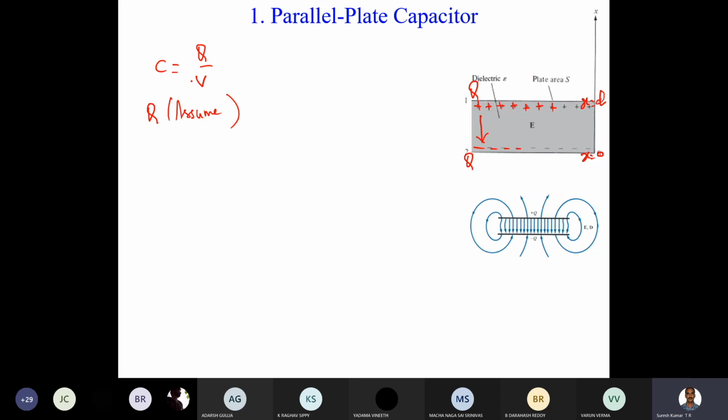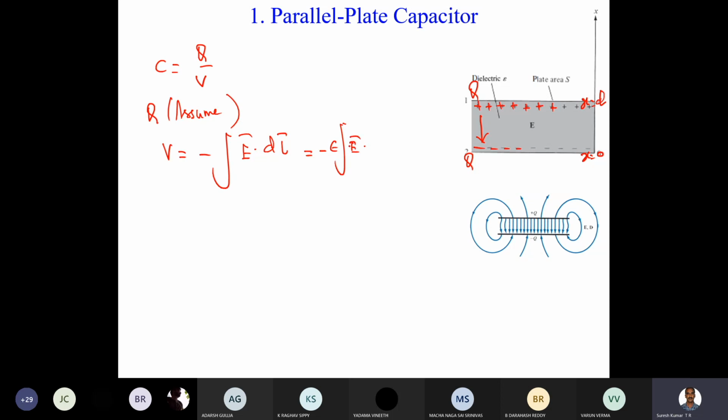Now you need to calculate the potential. To calculate potential, you need to use this equation, V equal to negative integral of E dot dl. The problem is that now we need to know what the E vector or electric field is. Let me write it like this.